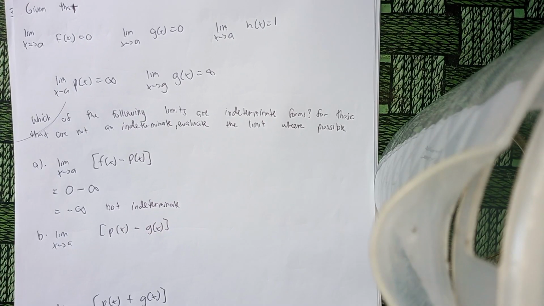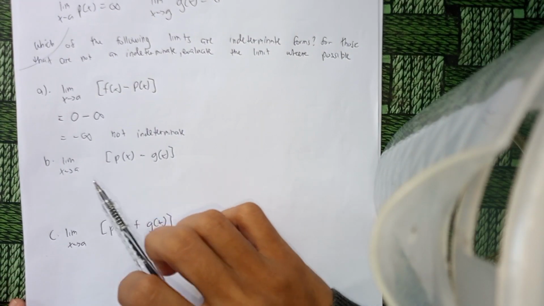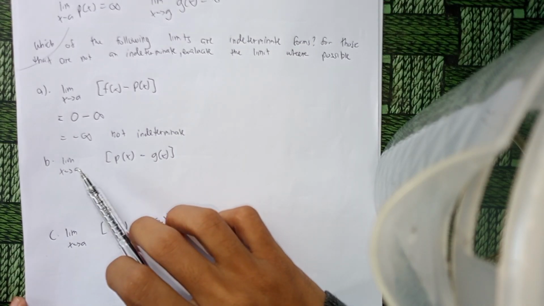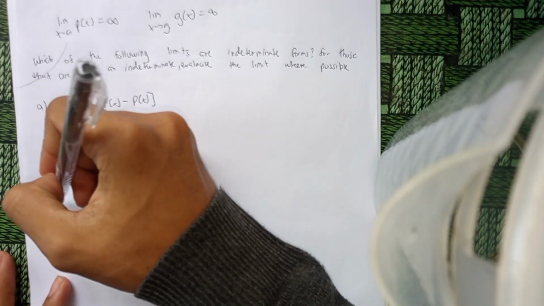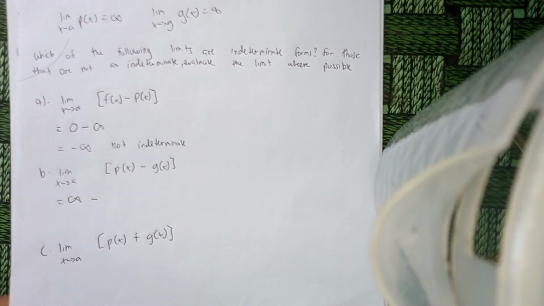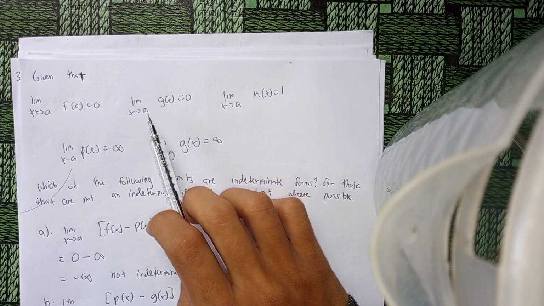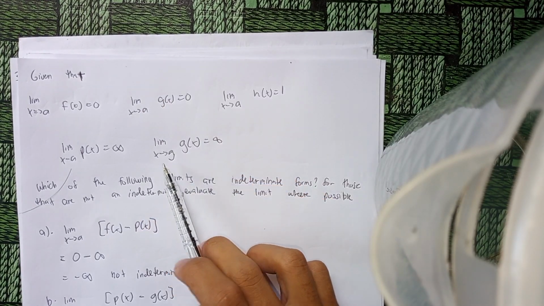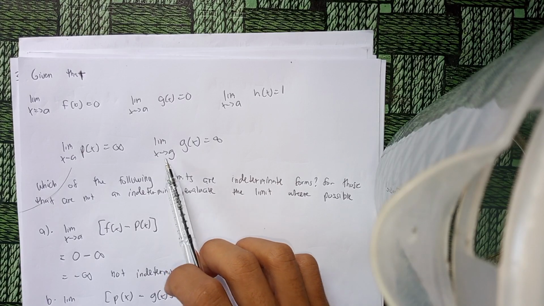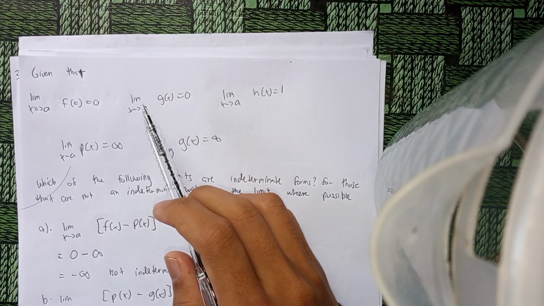but rather the limit exists, and the limit is negative infinity. Okay, so let's proceed to letter B. The limit of p of x minus g of x as x approaches a. So our p of x is infinity. Then our g of x as x approaches a is 0.